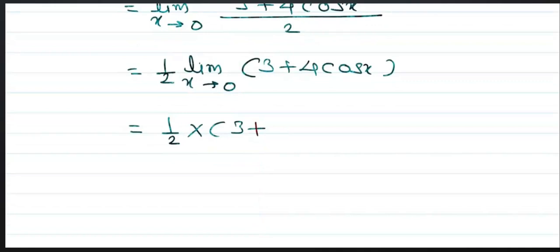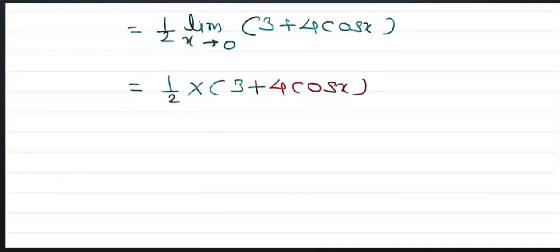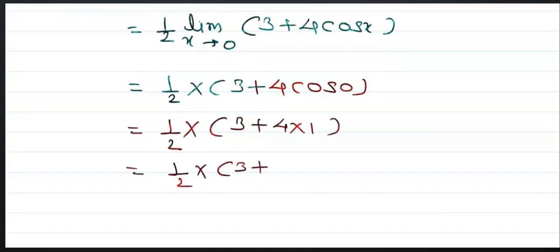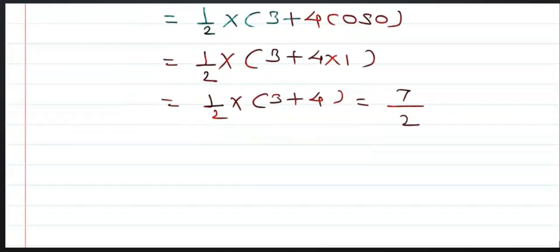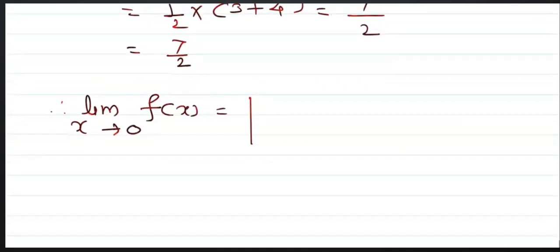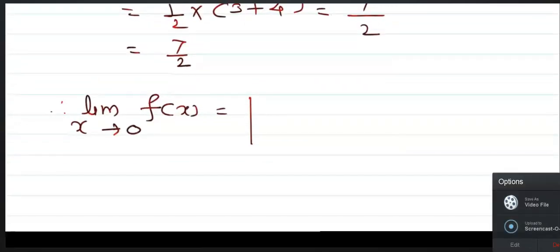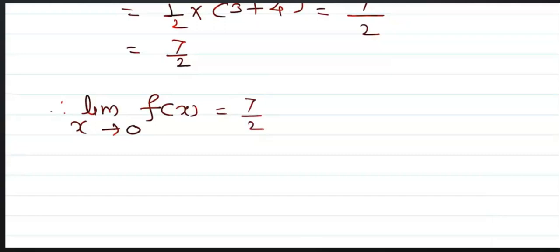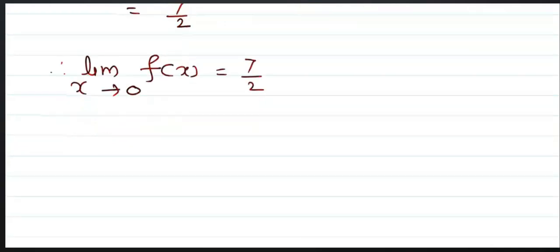म्हणजे extension म्हणजे काय की त्याची व्हॅल्यू आपल्याला घ्यावी लागणार आहे. That is a cos of 0, 1 upon 2. That is equals to 7 upon 2. Therefore, now we will define the function. Limit x tends to 0, f of x is equals to 7 upon 2. मग हे त्याचं लिमिट आलं.